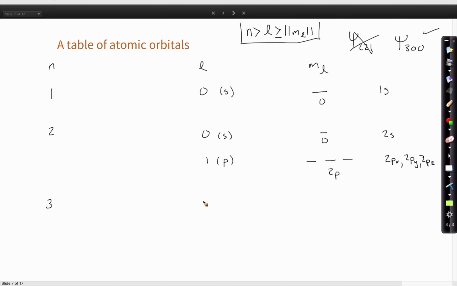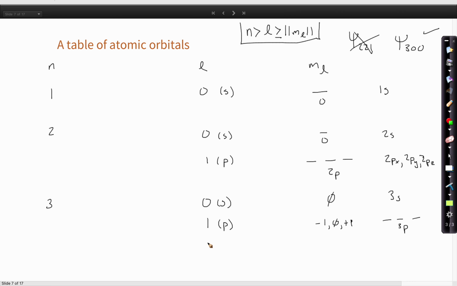The third floor, again, we have 0. That's a possibility. That's an s orbital. Again, we have 0 as the possibility for m sub L, and the only thing we have here would be a 3s. So here would be a subshell that contains one orbital, and it's an s-type orbital. But then we would have another subshell that would have p orbitals, and that would have -1, 0, and +1. And that would be our set of 3p orbitals.